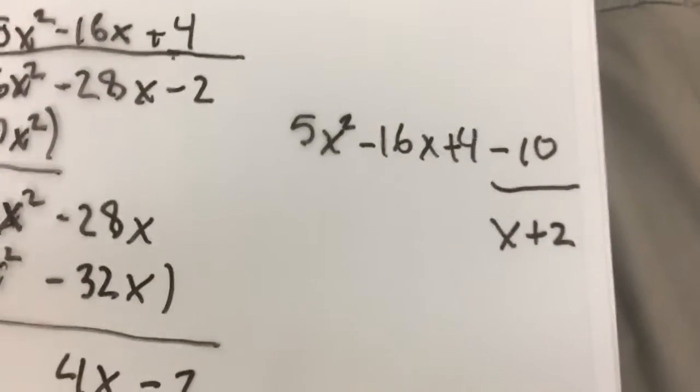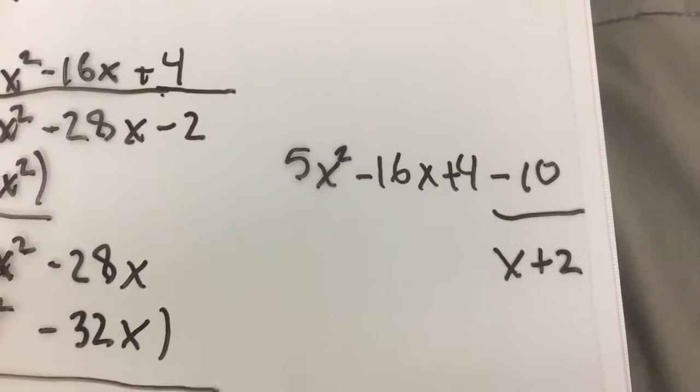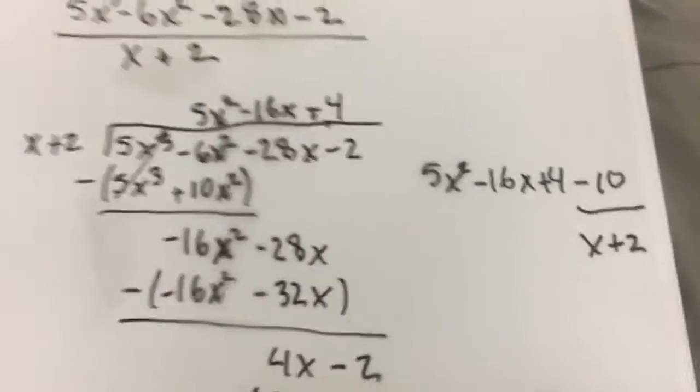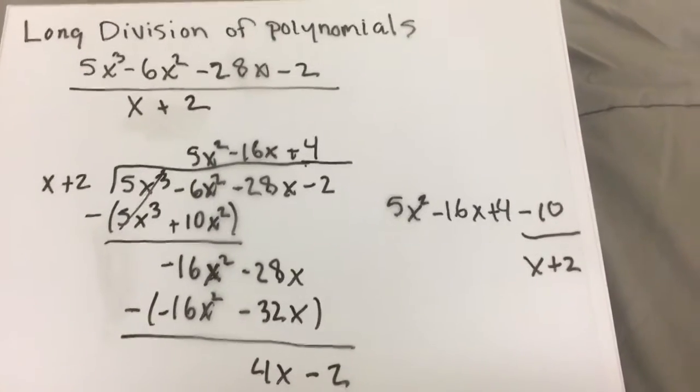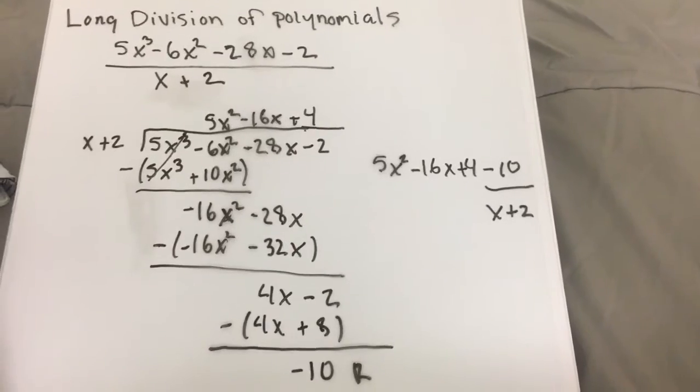And that's going to be our answer: 5x squared minus 16x plus 4 minus 10 over x plus 2. And that is how you do long division of polynomials.